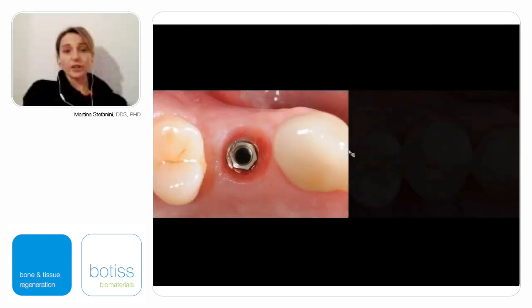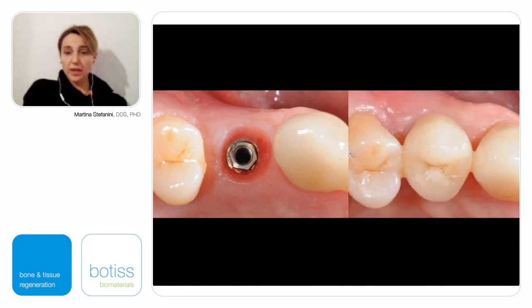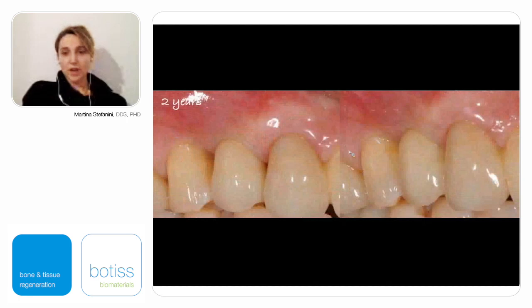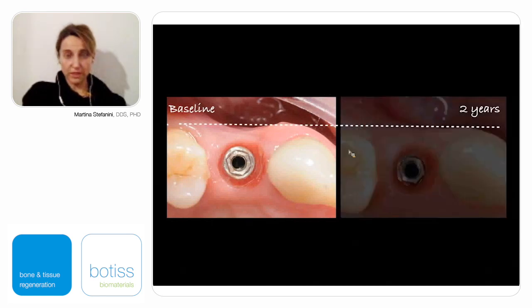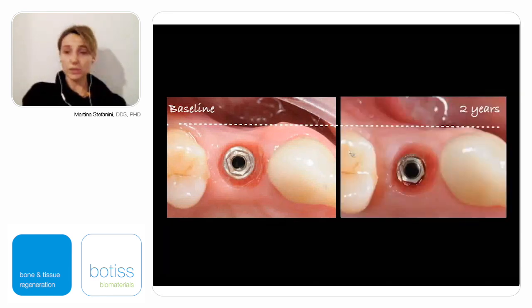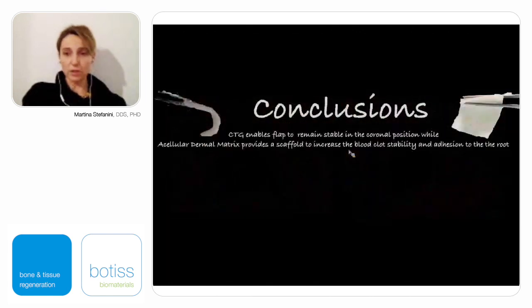And after 9 months you can place the definitive restoration, ensuring the aesthetic result, which can be maintained for 2 years. And this is the comparison between the baseline and the 2 year.